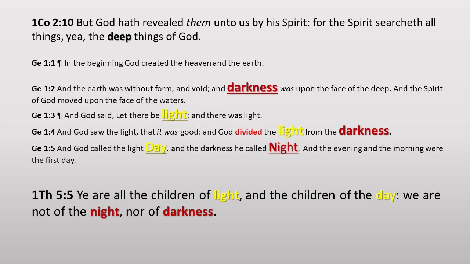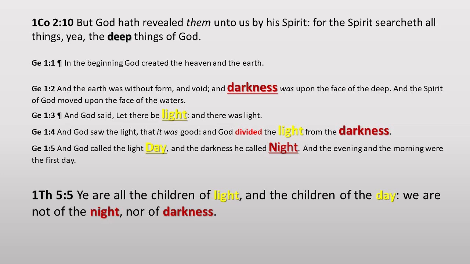And if you remember, in our last lesson, we showed that when God said, "Let there be light," and divided the light from the darkness, this is before the sun and the moon, the physical light was there. He made a separation between spiritual darkness and spiritual light. And we know that this is the case because if you look at the word light and day and night and darkness in 1 Thessalonians 5:5, Paul is speaking about spiritual light and spiritual darkness.